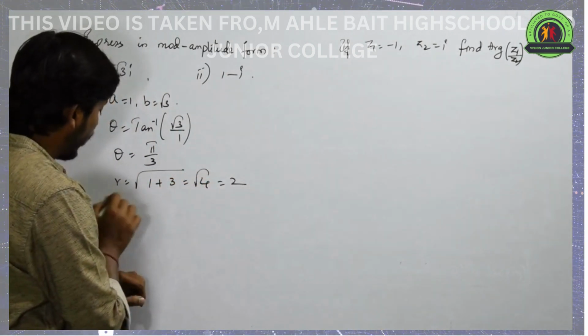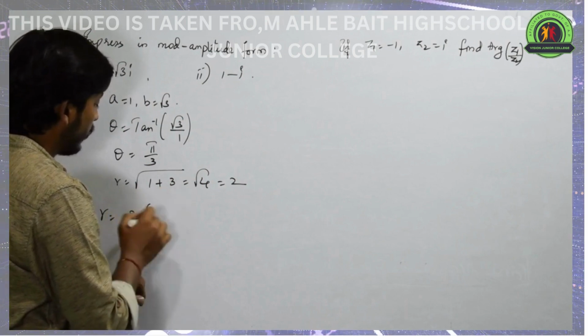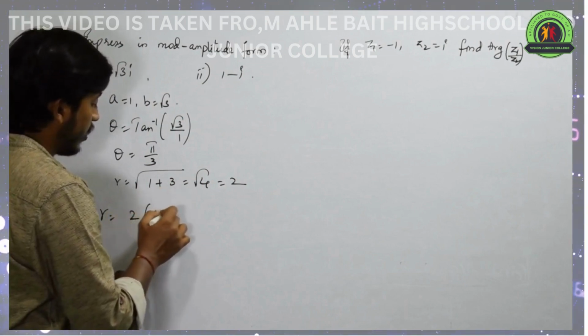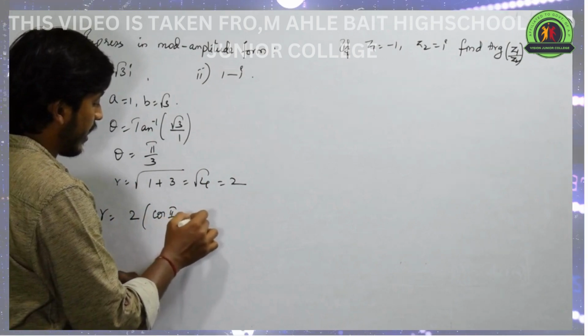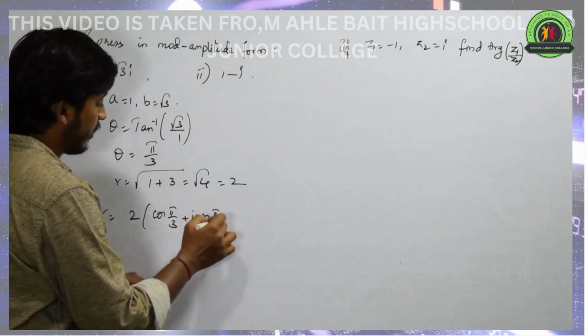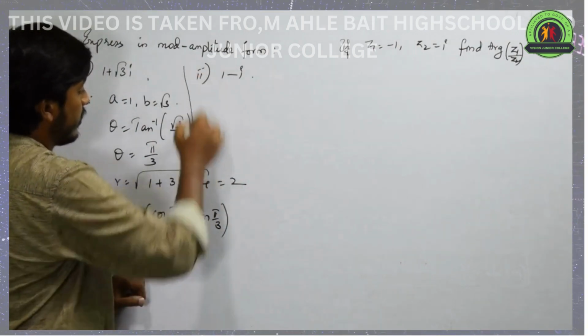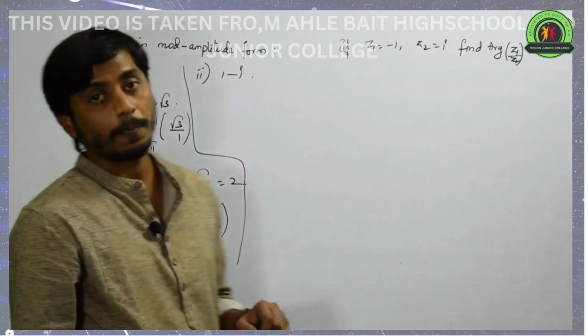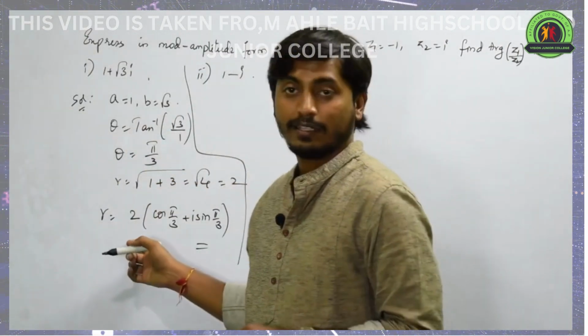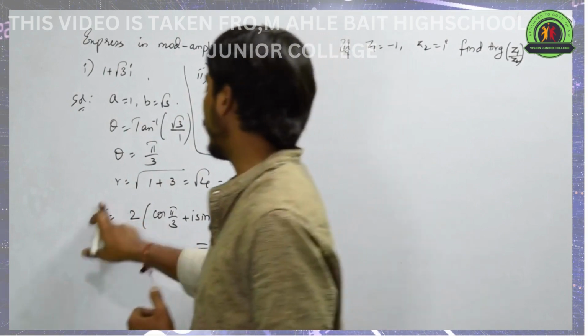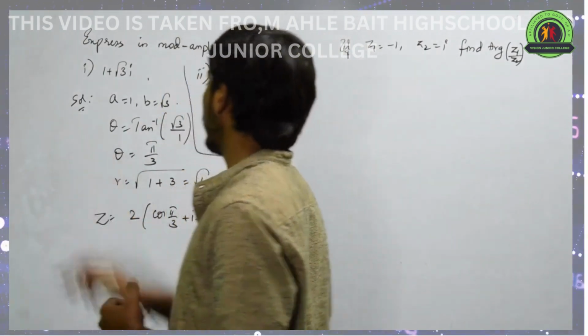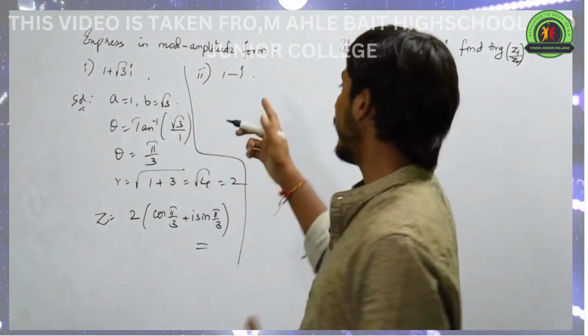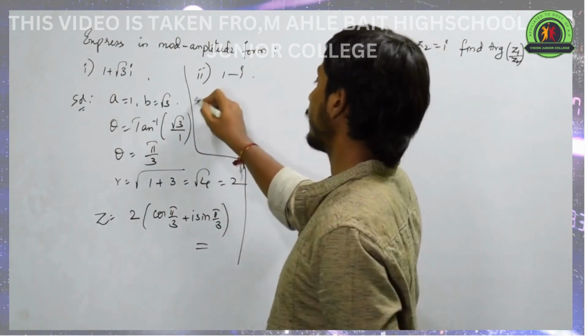Therefore, in polar form, r into cos theta plus i sin theta. This is the polar form. Anything difficult in this? No, right? This is what we got, z equal to. Clear?